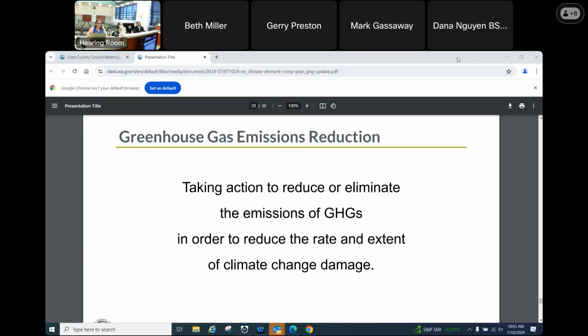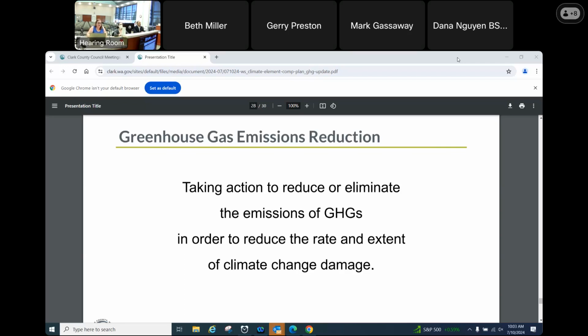And that is manifesting in what we all experience as extreme weather, rising sea levels, diminishing Arctic sea ice, and other things, the other hazards that you were briefed on in June. So that is the reason why we're working on reducing these greenhouse gases.